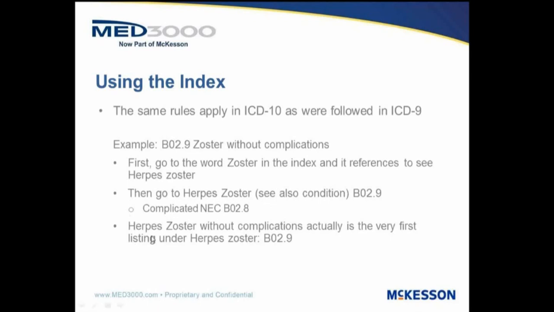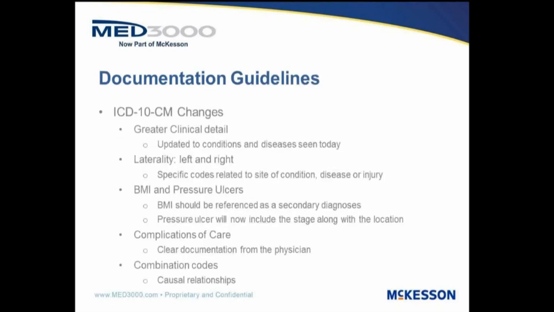Again, we're looking here at the herpes example, but we would see without complications. Actually, it would be the very first listing under that, which would be your B02.9. So again, the index is the same as what you use today when you're trying to find that condition, and then if it references you into another category.